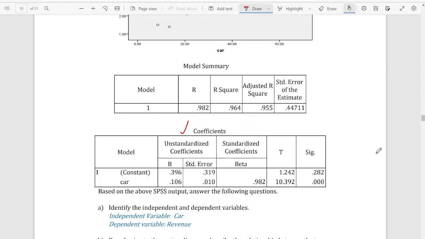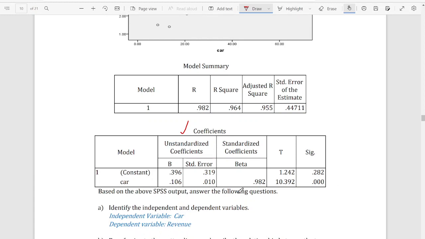You just look at the significant value over here and see if it is less than 0.05. So that means the relationship is a valid relationship. Okay, it's a statistically significant relationship. Okay, we call this a statistically significant relationship.